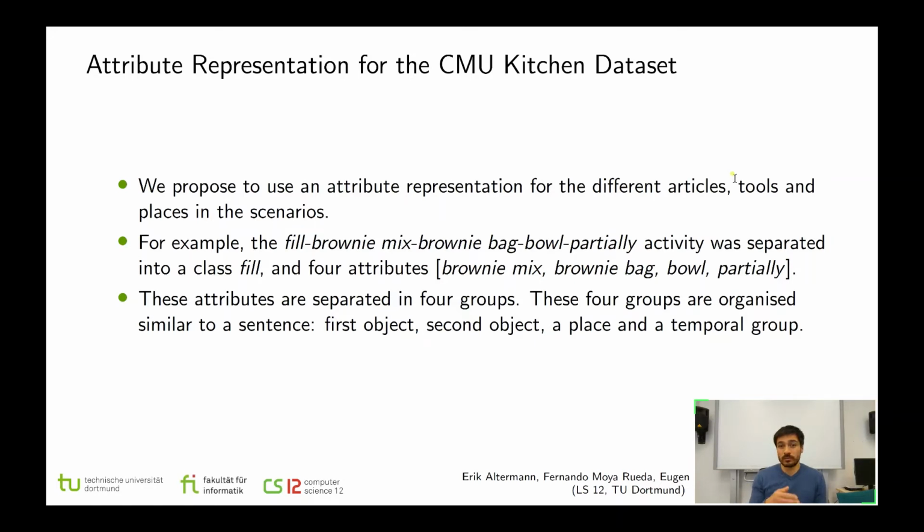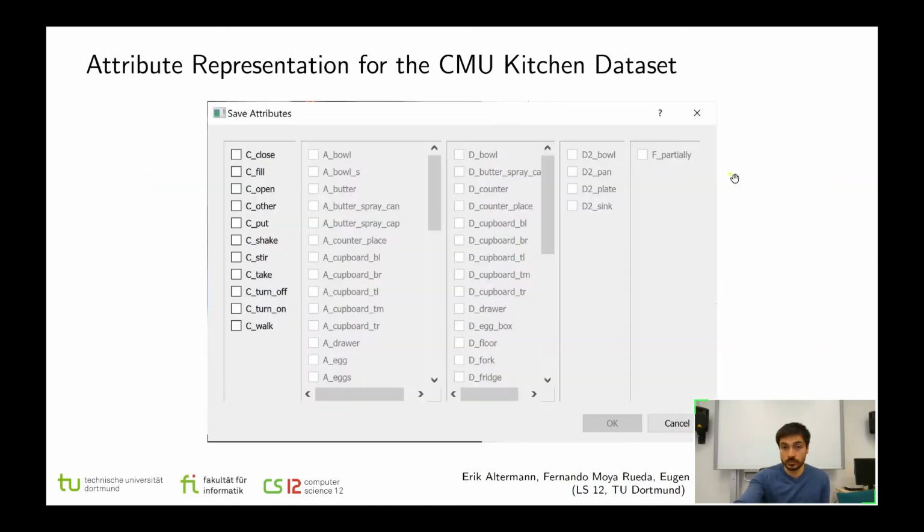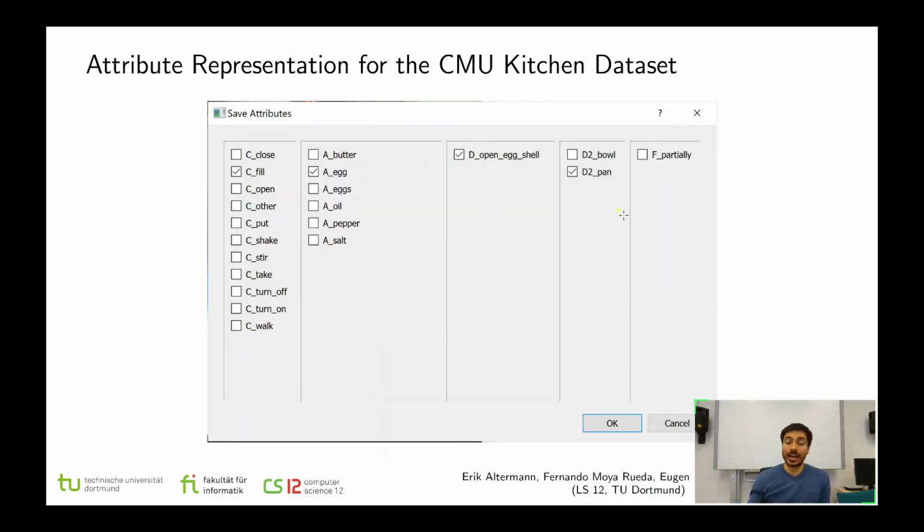Following this, we decided to have these 4 categories for our attribute representation, which we call groups. This is an example of the groups that we have. On the left side we have the list of the activities that are provided in the CMU kitchen database, and all the 4 groups that we have: the first object, the second object, the place or third object, and eventually the temporal information.